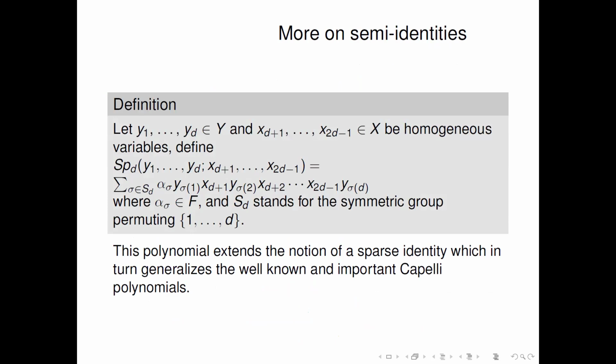And now, a bit more about semi-identities. We form these sparse polynomials. Here you have some scalars, then you fix some of the letters, x_{d+1} up to x_{2d-1}, put in between them the y's and permute all the y's.